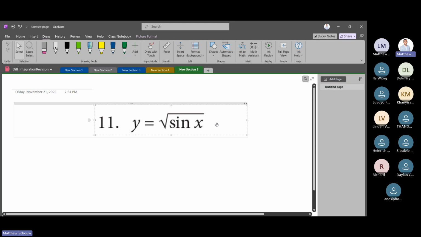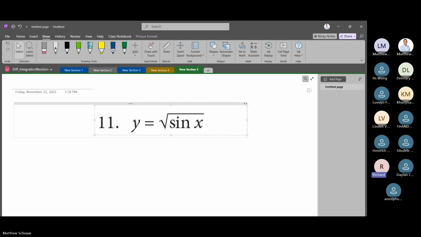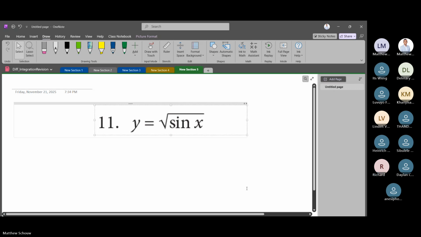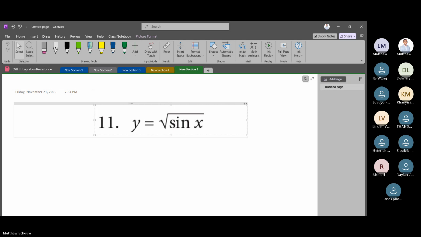Obviously, I believe you guys know what it is. Let's see. I got the answer of 1 over the square root of cosine.